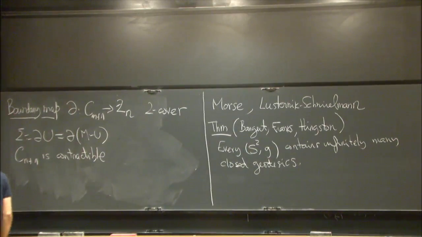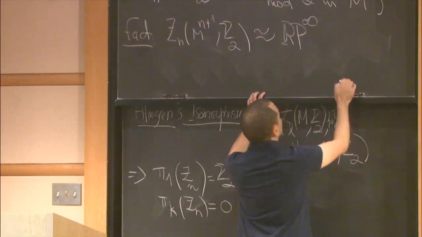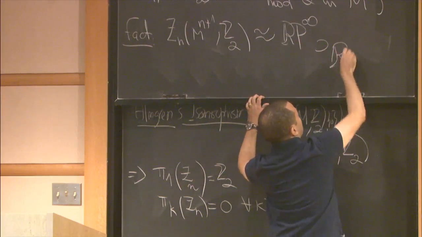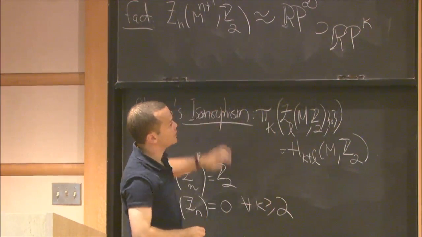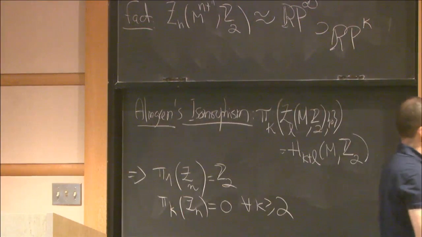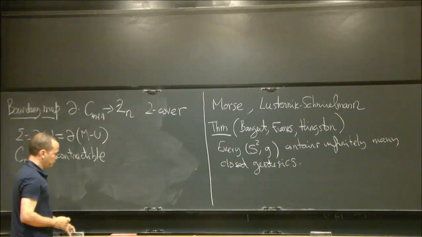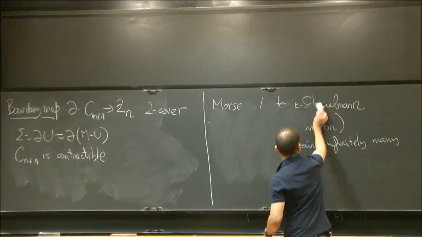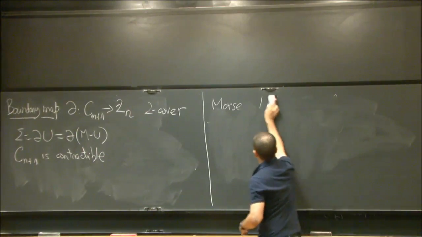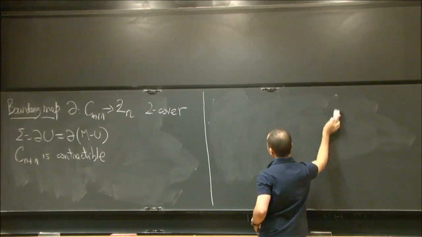Okay, so the space is RP infinity. Of course, this is interesting because then we have multi-parameter sweepouts to work with. So we have RP^k for every k. By exploiting this structure, we proved the following theorem. This was back in 2013.